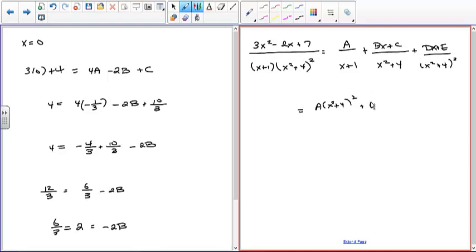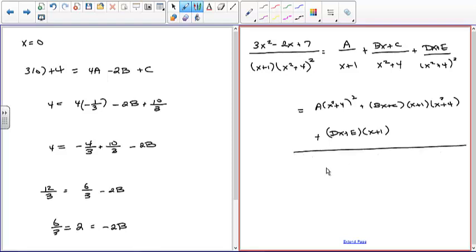The second part, I'd have Bx plus C times x plus 1 times x squared plus 4, and the final term I'd need to multiply the Dx plus E. I'd have to multiply by x plus 1. All of those terms would be divided by x plus 1 times x squared plus 4 squared.